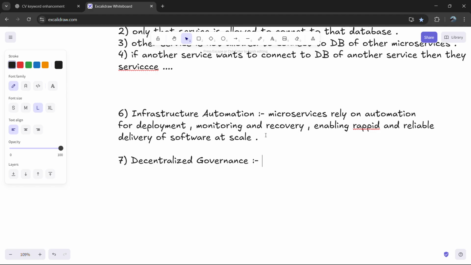If another developer wants to build a service using the Python language, then governance says that okay, you can create your microservices using Python.